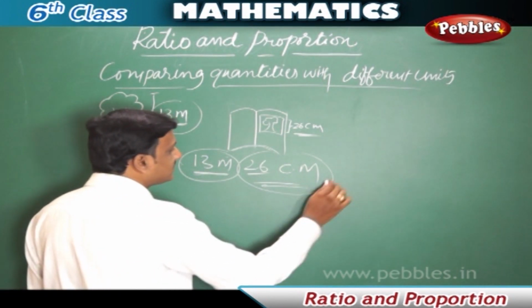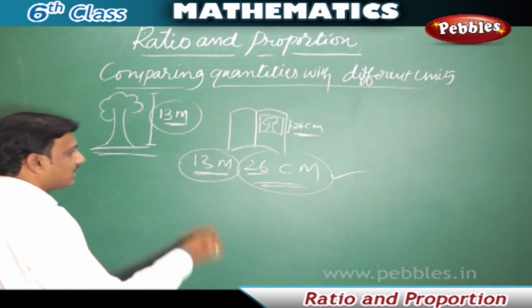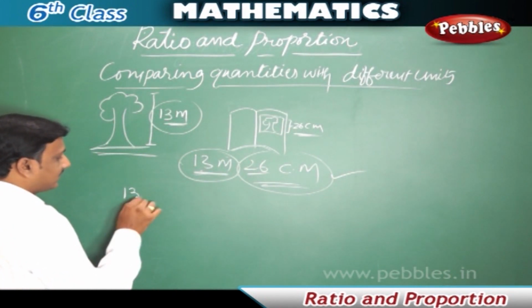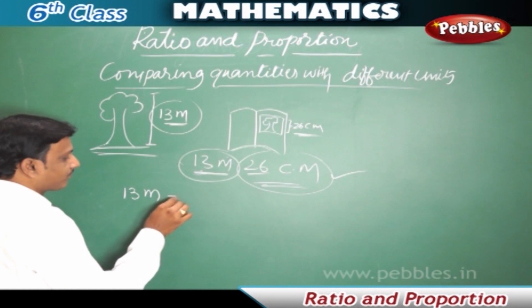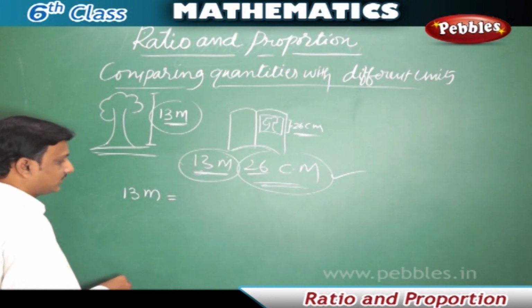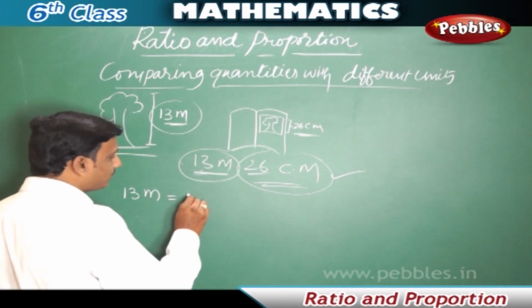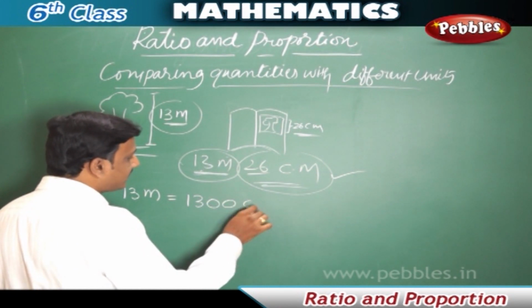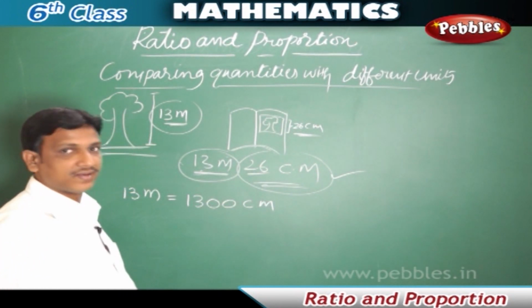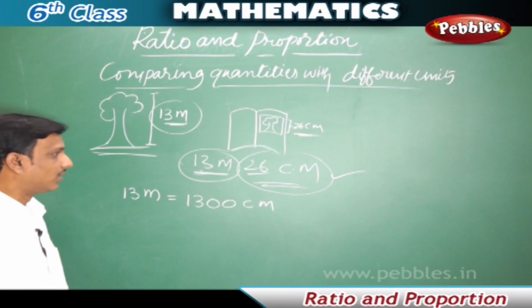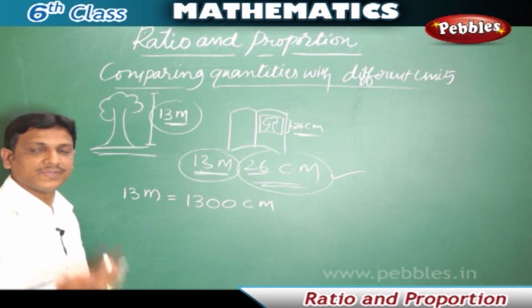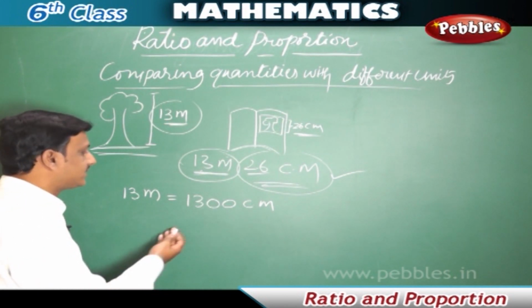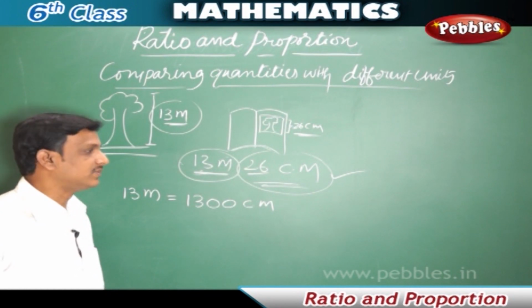Here we leave this 26 centimeters as centimeters, but we make this 13 meters to centimeters. So 13 meters is equal to 1300 centimeters. Because we know 100 centimeters make a meter. So 13 meters equal to 1300 centimeters.